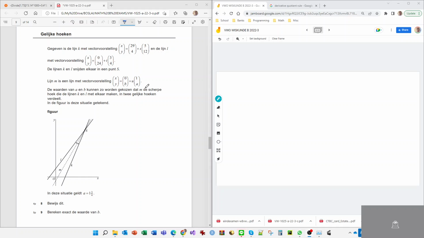So what we can do is calculate the angle of each of these lines with M and demand that these angles are the same. And if A is equal to this.